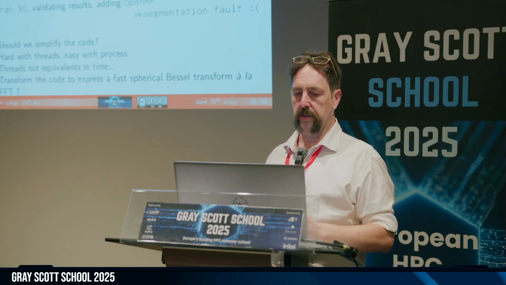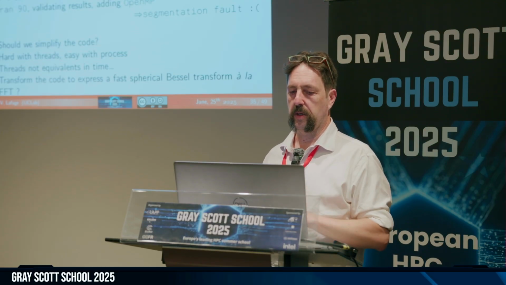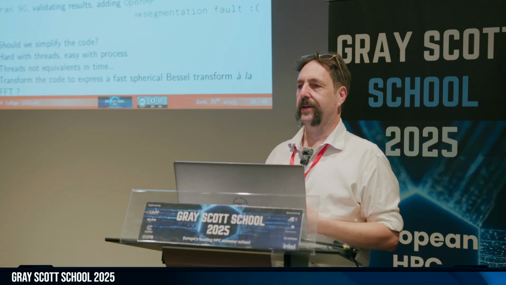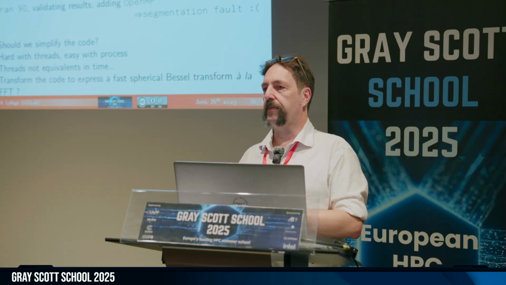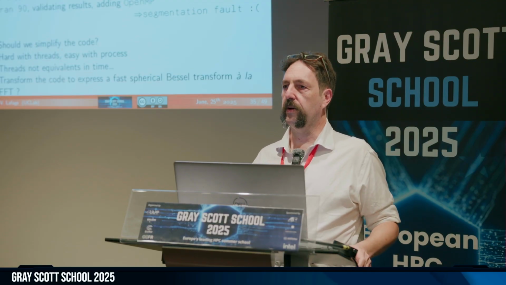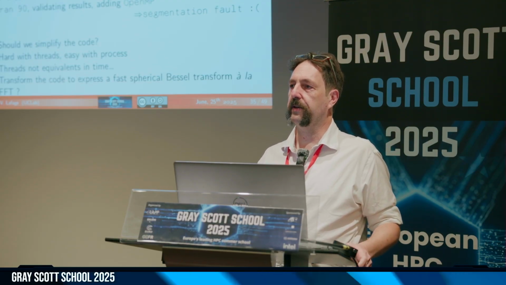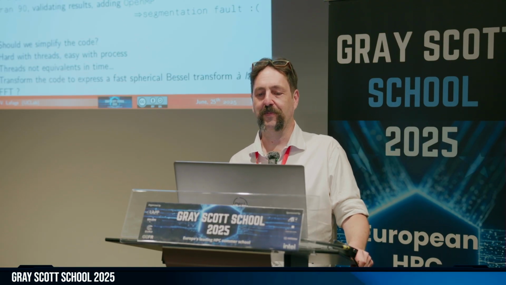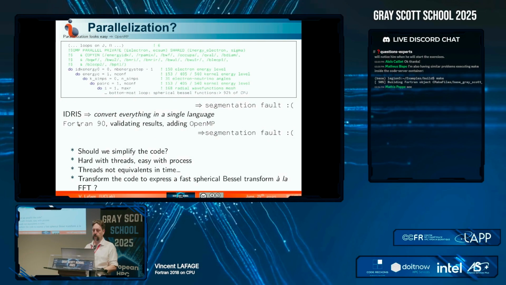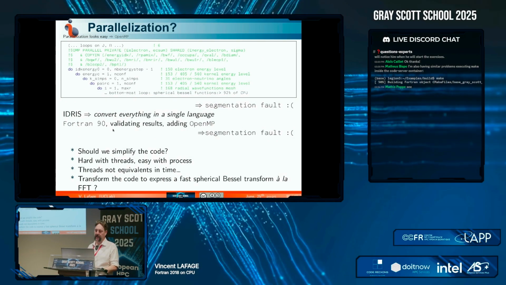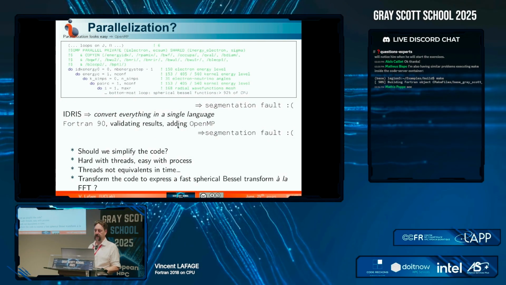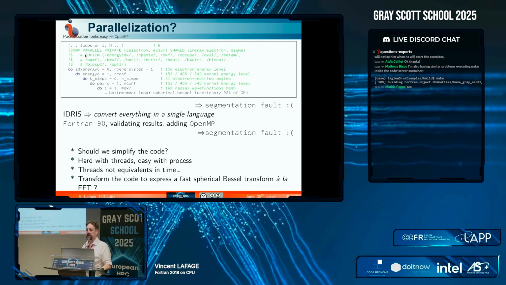And the colleagues in Idris told me, oh, you have 8,000 lines of C, you have 6,000 lines of Fortran, write everything in a single language. Of course, the language of choice was Fortran 90. And adding OpenMP on top of this.